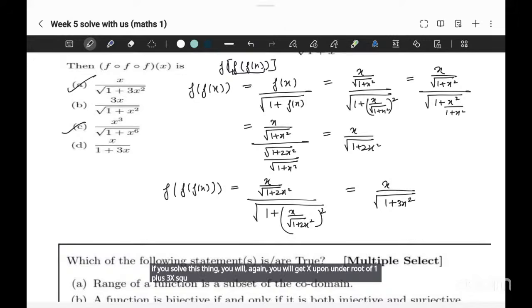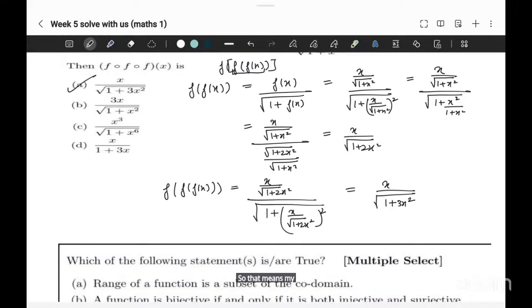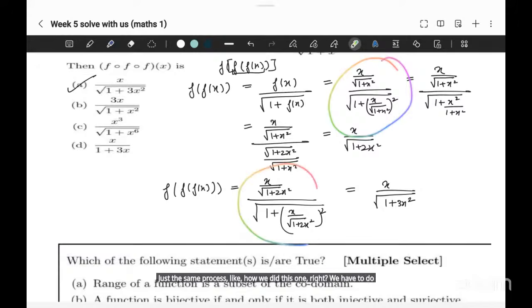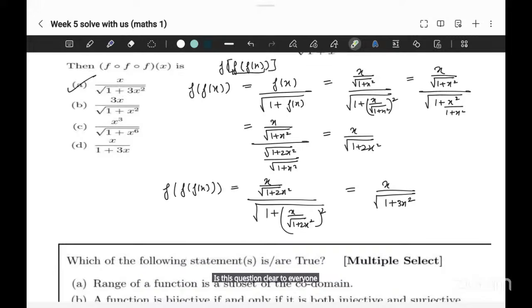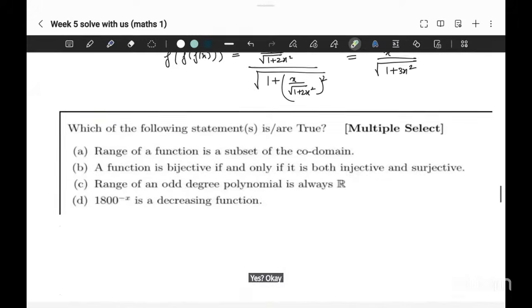So that means option A is the correct option. Is this question clear? Just the same process, like how we did this one. We have to do the same thing here, and we'll get this answer only. Is this question clear to everyone? Yes, ma'am. Okay.